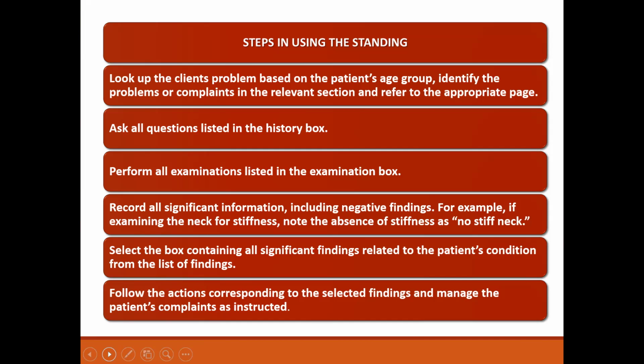But if it doesn't align significantly, let's say suggestions were about 100 and your findings were far different from all the suggested findings, you kindly refer that condition to an appropriate facility. It means that that condition is not covered in the standing orders. As such, you refer. But if it aligns up to 80, you can use that box to manage that patient while monitoring and following up.